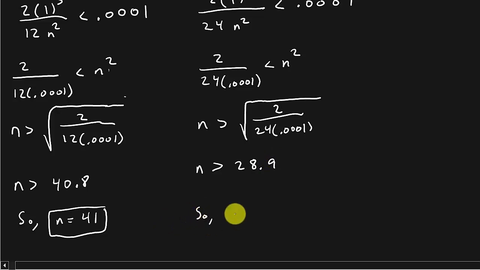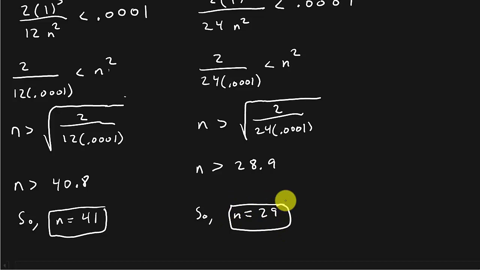So n would equal 29. That's what n would need to be for the midpoint rule.